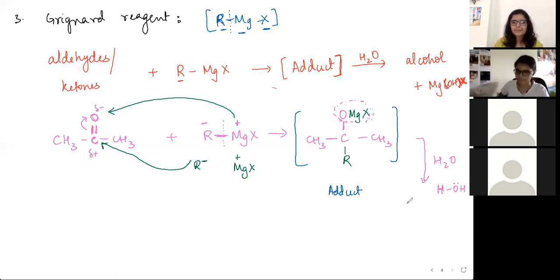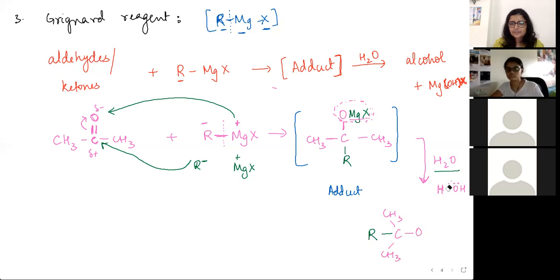Okay, ma'am. So that's exactly what happens when you add water. The lone pair of electrons on oxygen takes up the MgX part of it, and the hydrogen attaches itself to the oxygen. So essentially, you're going to get CH3, CH3. Then the R is newly added from Grignard's reagent, and the O is retained from the first thing, and H is added from the water over here.